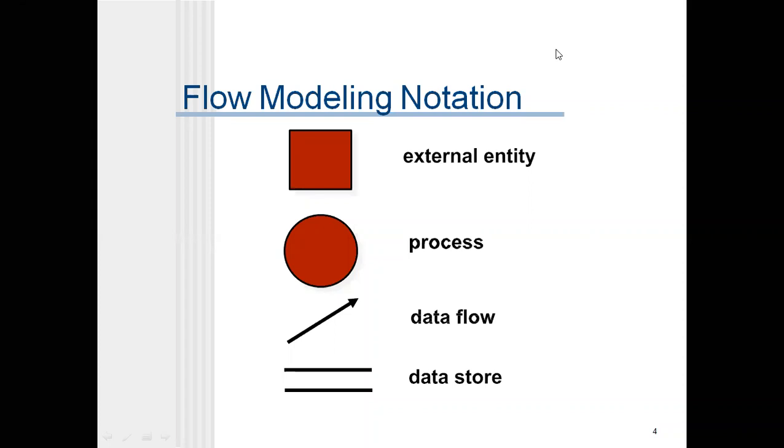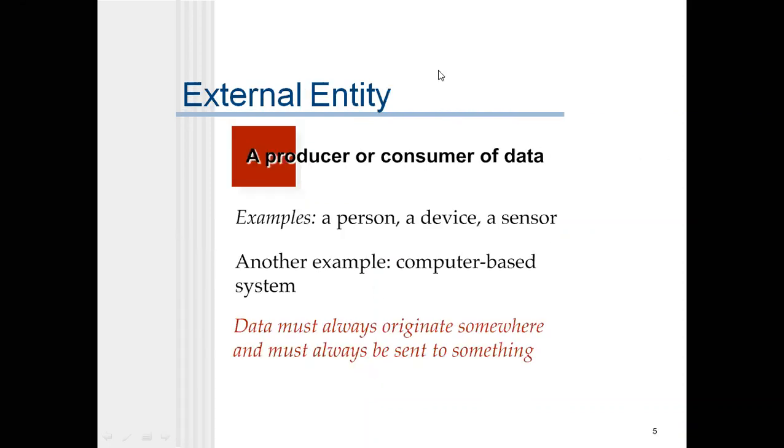And if you see the next slide, what is an external entity here? The external entity is a producer or a consumer of data. For example, a person, device or sensor. Whichever produces the data or consumes the data, giving or taking.